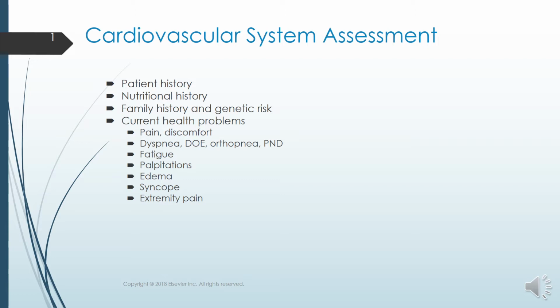Okay, with family history, age, and of course their health status and the cause of death of immediate family members is very important. It may surprise you to know that coronary artery disease in someone that's a first degree relative, so your parent, your sibling, or your child, is a major risk factor.